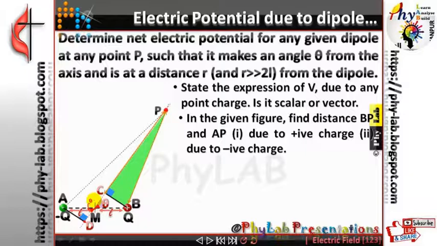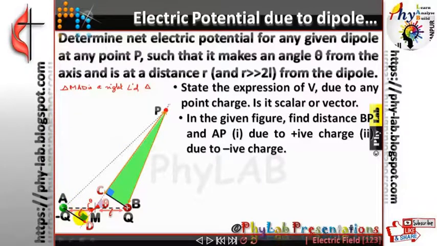Now since this angle is theta, and you already know that this distance is L, and this angle is 90 degree, then I can say triangle MAD is a right angled triangle, in which AM is the hypotenuse, because the side opposite to 90 degree is always the hypotenuse in a right angle triangle.